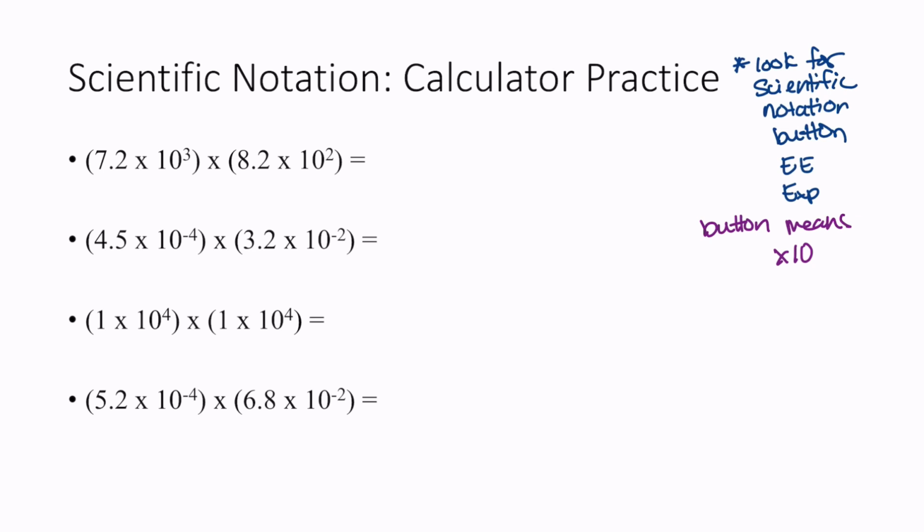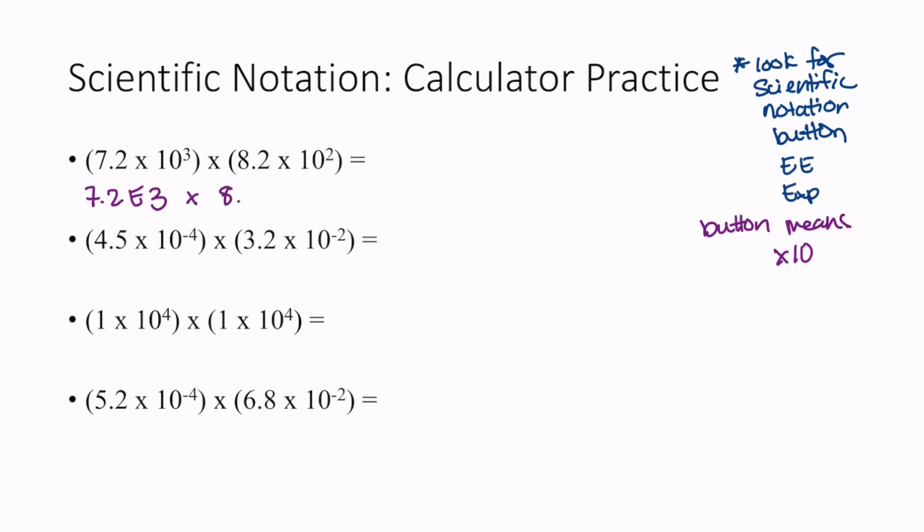So for a lot of your calculators, when you put 7.2 times 10 to the 3 into your calculator, you would put it as 7.2, press that E button, and then enter the number 3. Notice how we don't put 10 and we don't press the times button. And then you can press the times button because we want to multiply these two numbers together.